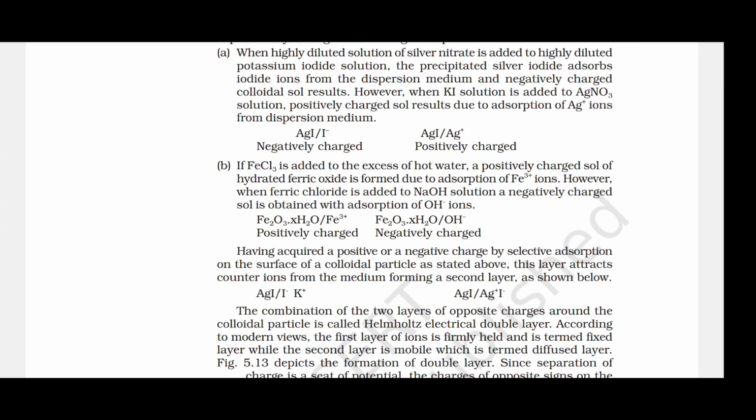Having acquired a positive or negative charge by selective adsorption on the surface of a colloidal particle, as stated above, this layer attracts counter ions from the medium, forming a second layer, as shown below.